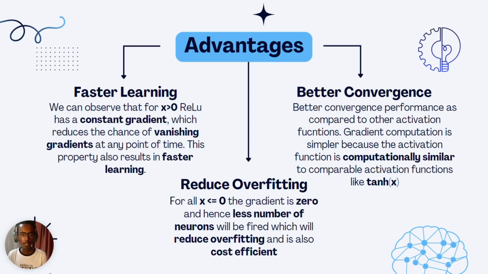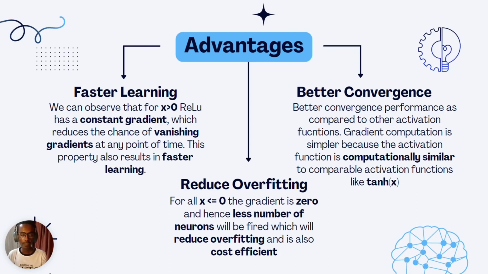So what's the benefit of having a constant gradient? We want the gradient to be constant so that there are no chances for vanishing gradients to occur at any point in time.